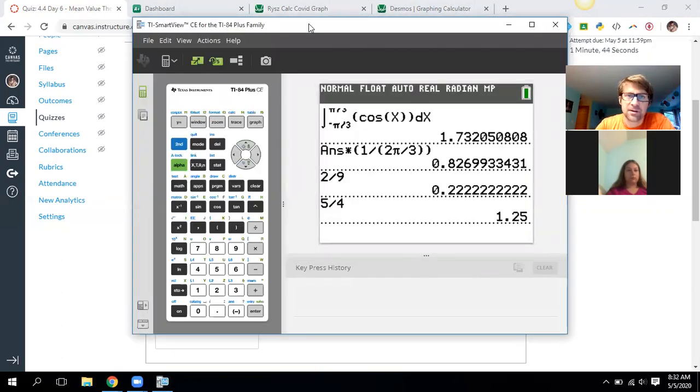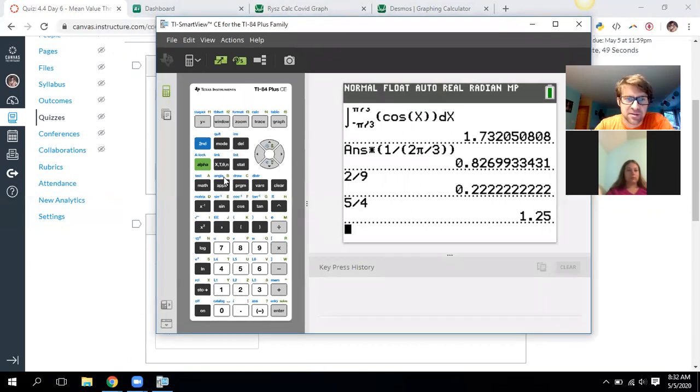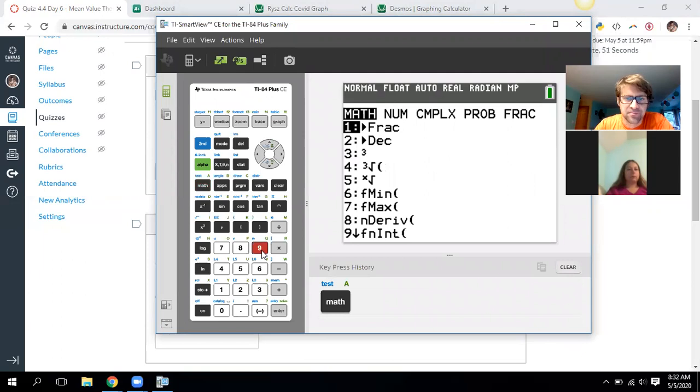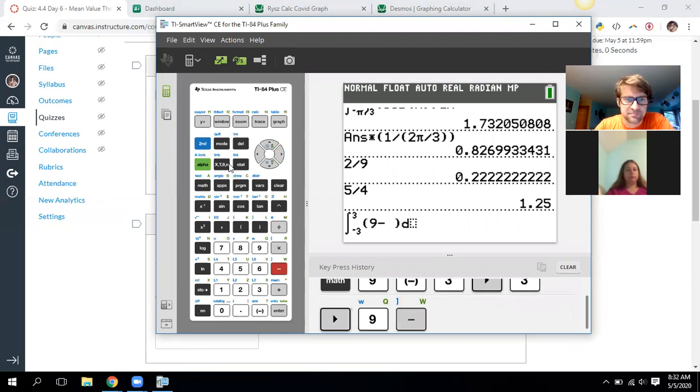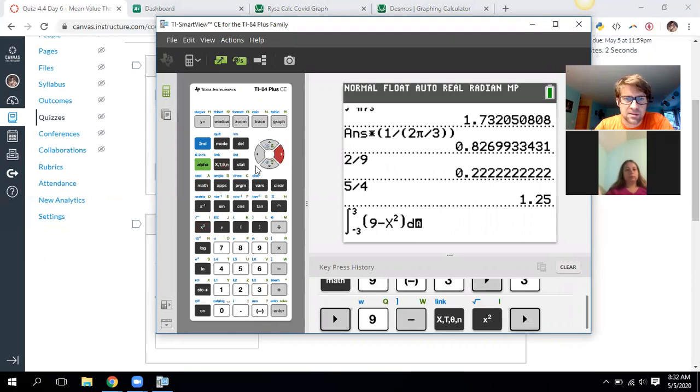Okay, so we have the integral of 9 minus x squared. I'm going to do math 9 to get the integral, from -3 to 3 of 9 minus x squared dx.